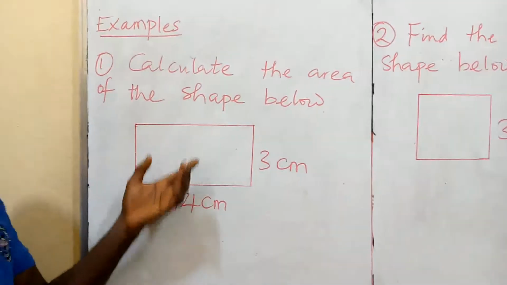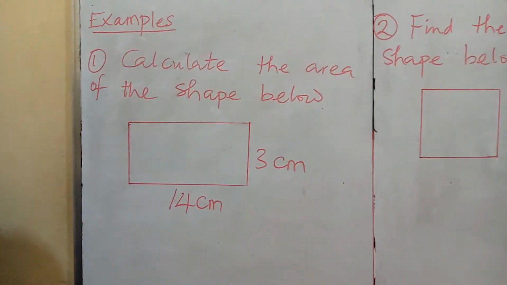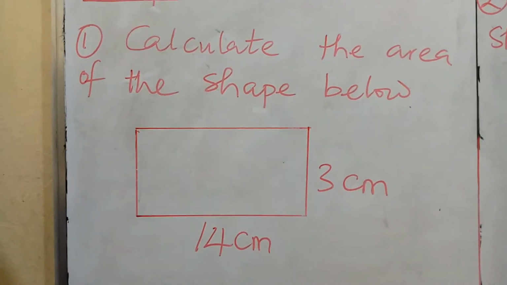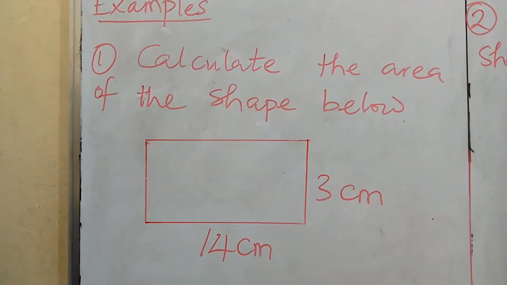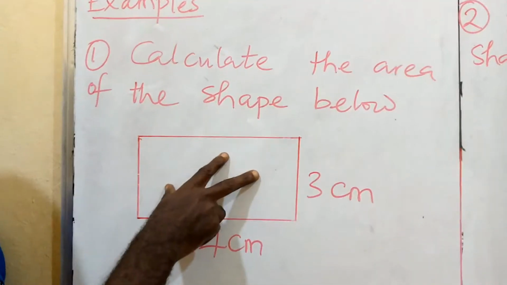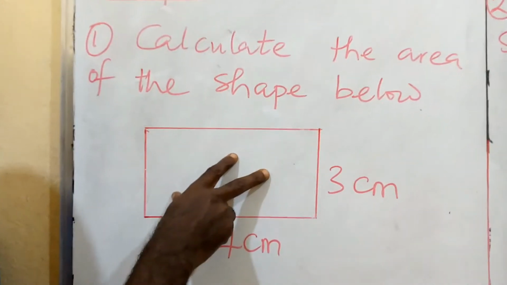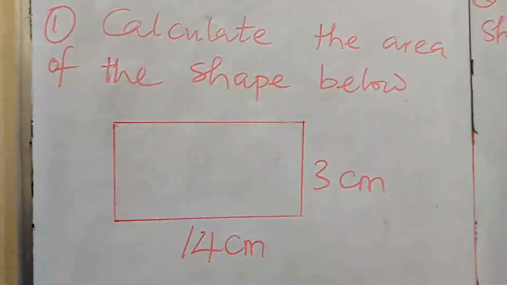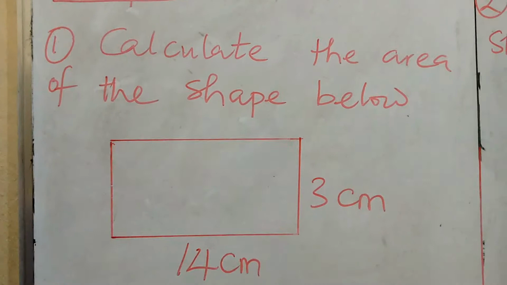Before we solve this problem, remember I told you to understand the question and interpret it in your own way so that you can solve it correctly. First of all, the question that should come into your mind is, what shape is this? I guess you are saying a rectangle. If you are saying a rectangle, you are right.